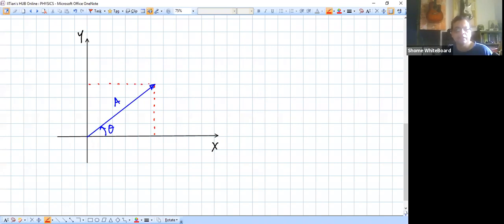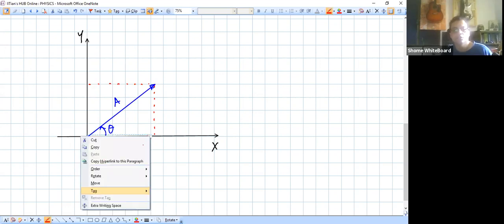And once we do that, this perpendicular on the x-axis, which is like the base of this right angle triangle, that becomes what we call the x component. Because it is along the x-axis, we write it as a magnitude multiplied by a unit vector, which is called i cap.